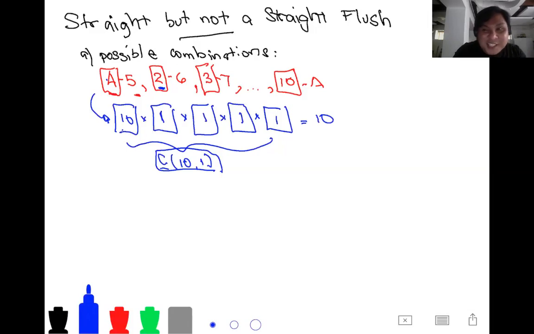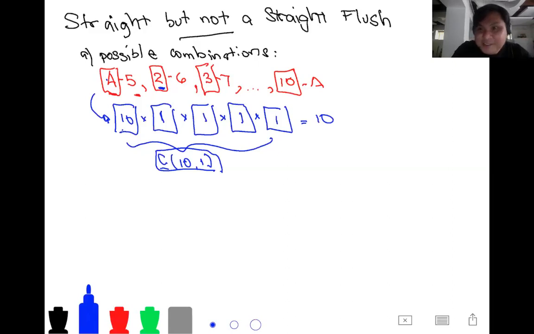What's important is you have a 2, a 3, a 4, a 5, and a 6 for that particular hand to be considered a straight. So there are only 10 possible combinations for getting a straight: one that starts with an ace, another that starts with a 2, eventually one that starts with a 10. Those are the only possible combinations.